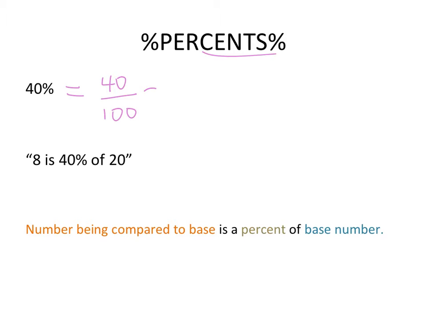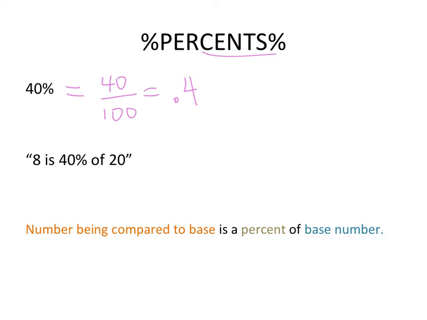You can use a calculator in order to find this, or use long division, or simply just move the decimal point 2 times to the left, which is equal to 0.4. We'll go over in the next slide some practicing for converting percents to decimals.